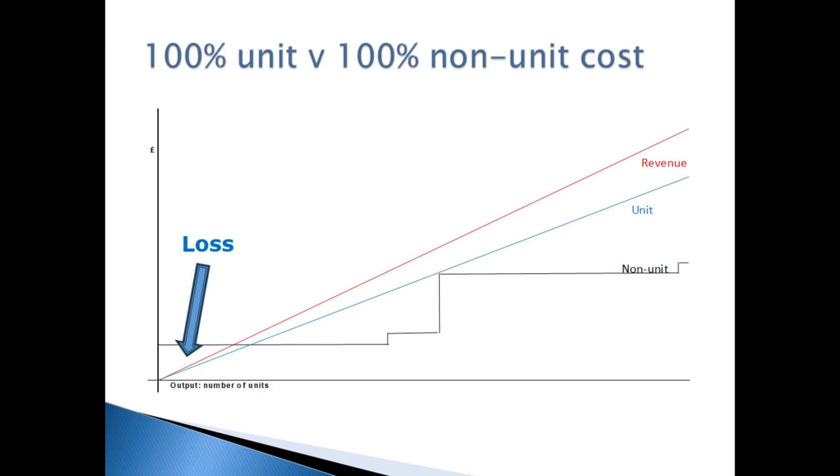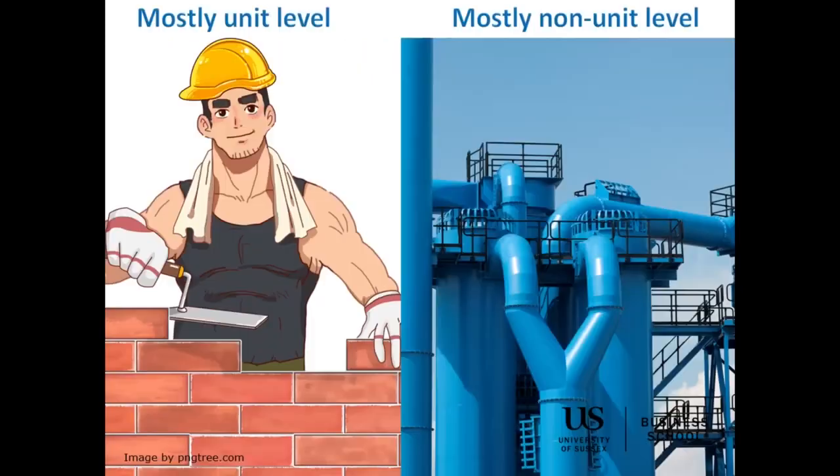And any combination of unit and non-unit is going to be somewhere in between the blue line and the black line. Okay, so the one on the left here, labour and materials, pretty much most of their costs are unit costs for bricklaying. That's going to be the blue line, if you like.